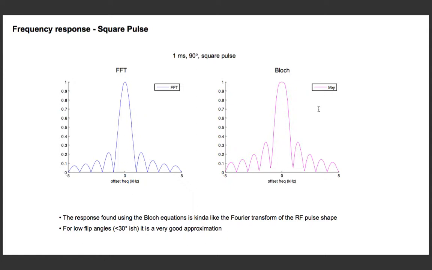It's a pretty good approximation. The nulls are at the same points. It's a little broader up top. But if I looked at the response for a 10-degree pulse, you would find these two to be in very good agreement. So this is very insightful, and this has driven a lot of the design of RF pulses: noting that the frequency response, in other words the MXY, can be well approximated by the Fourier transform of the RF pulse shape.